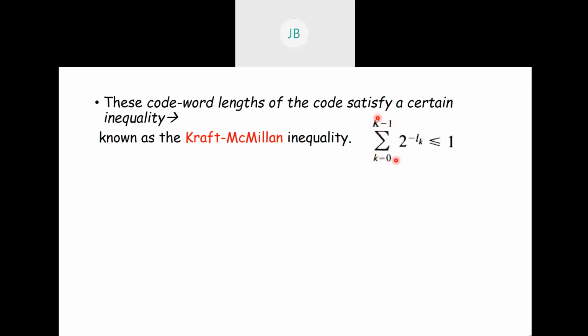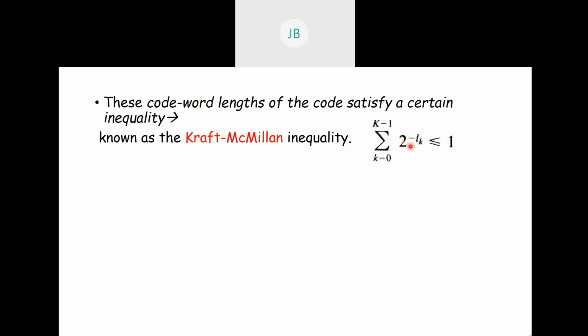So this summation is for all the symbols. Summation of 2 power minus Lk. What's the meaning here? Lk is nothing but the length of the code word. For example, A is represented as 0 0, then Lk is 2 because we have 2 bits in the code word. That is Lk, the length of the code word.